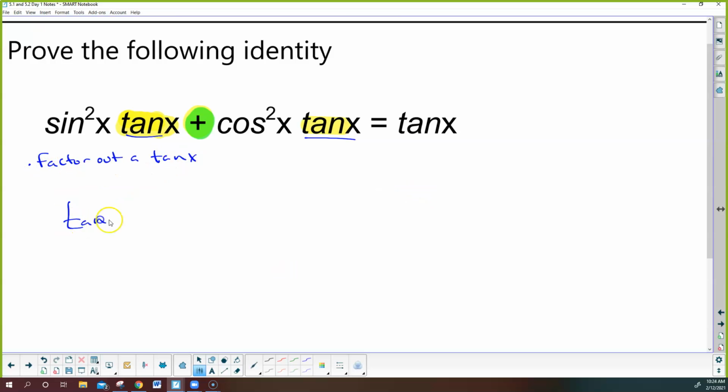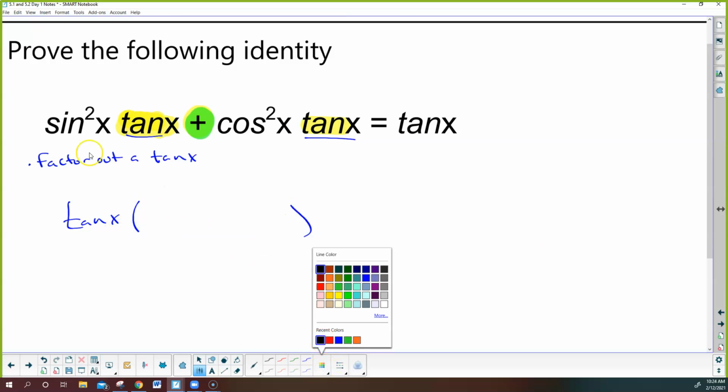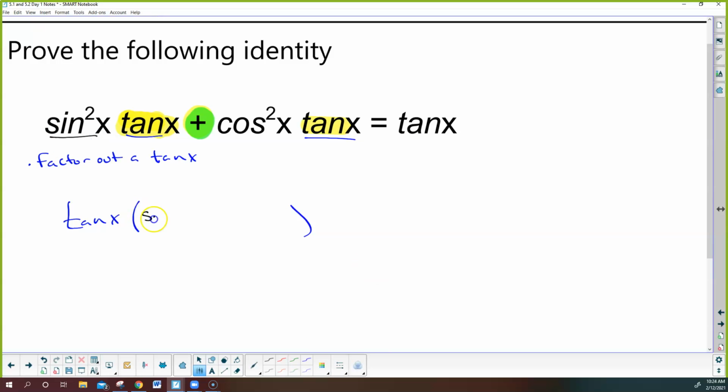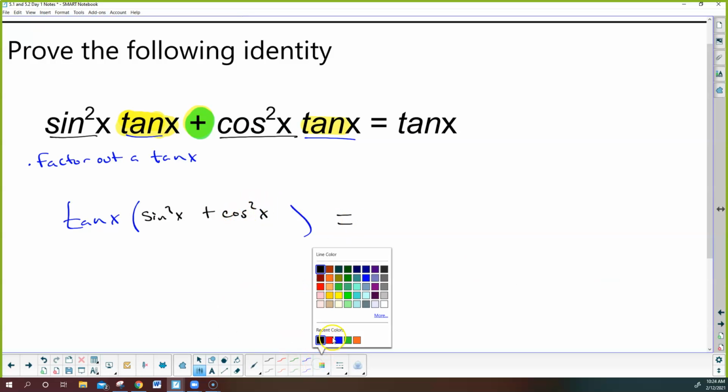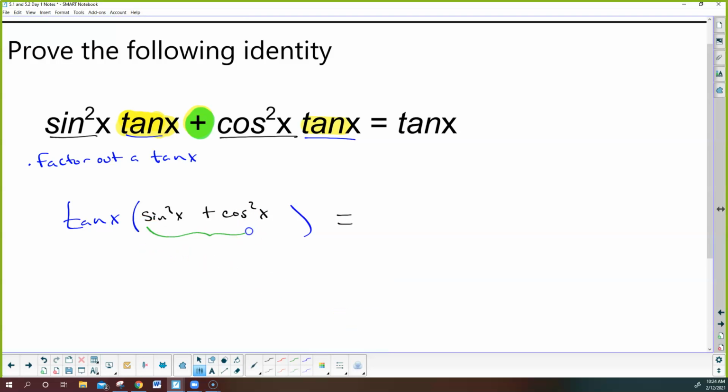So that's what I'm going to do. I'm going to put a tangent of x on the outside. And then what's left over is sine squared plus cosine squared. And then you'll notice that sine squared plus cosine squared is equal to 1. Right? That's my trig identity.